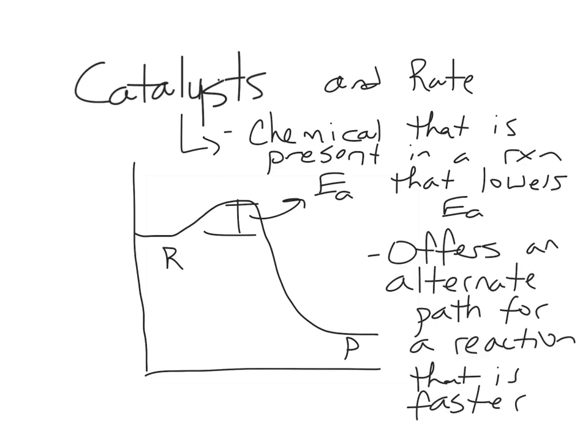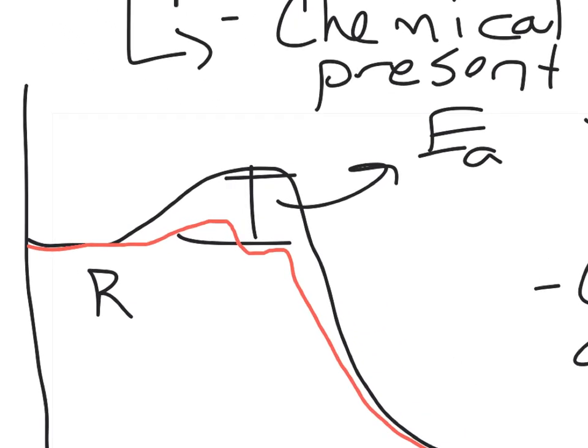Now in red, I'm going to draw in the catalyzed reaction, and you'll notice that the activation energy actually comes in, and I'm going to zoom in on this, and it's very poorly drawn, but I'll at least highlight it. There are two different little activation energies.